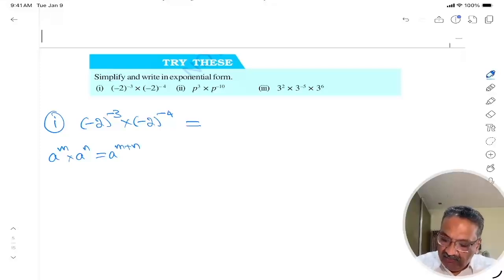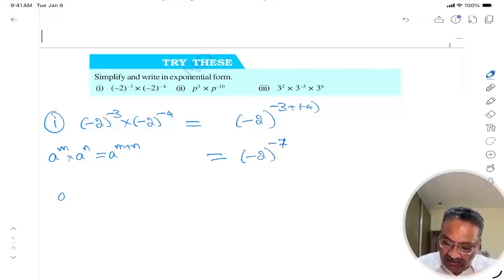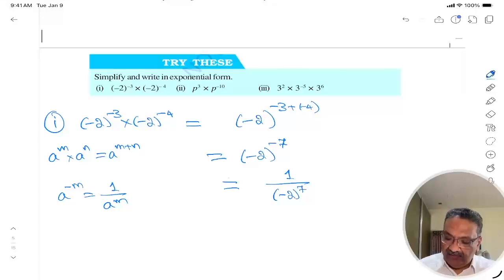So this becomes minus 2 to the power of minus 3 plus minus 4, or minus 2 to the power of minus 7. We also know that a to the power of minus m is equal to 1 by a to the power of m. So this becomes 1 by minus 2 to the power of 7.